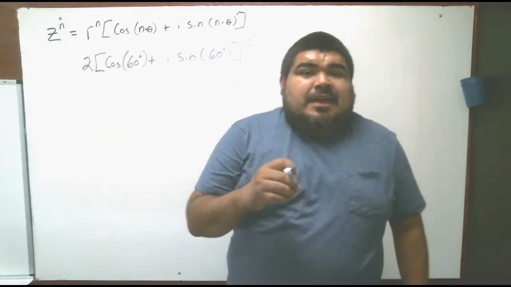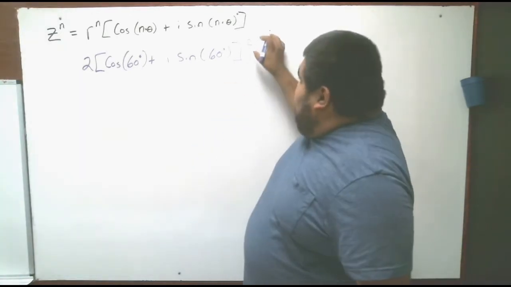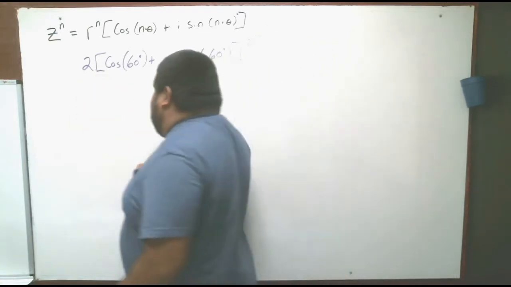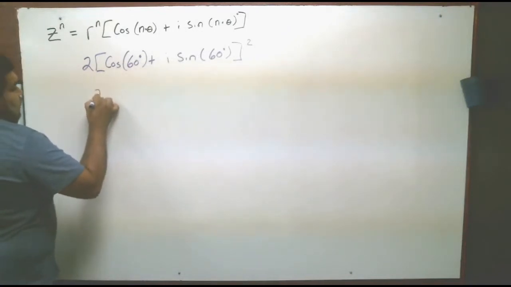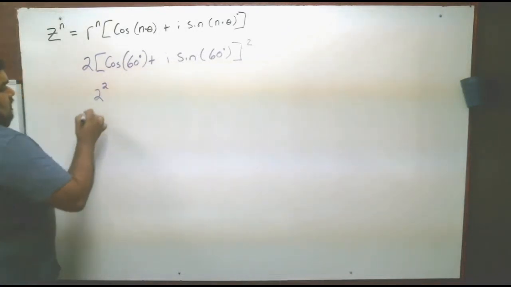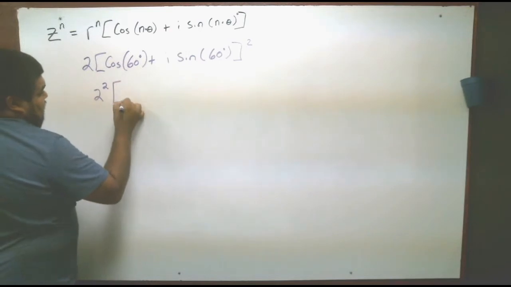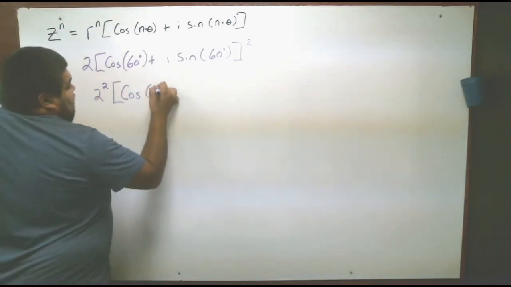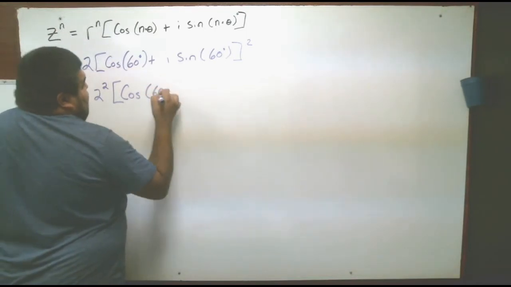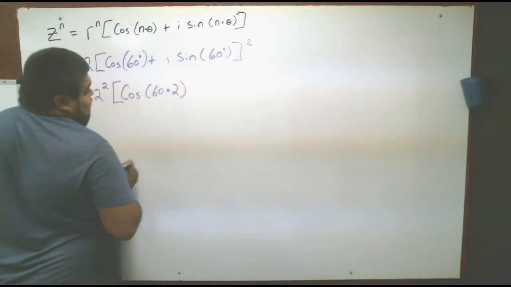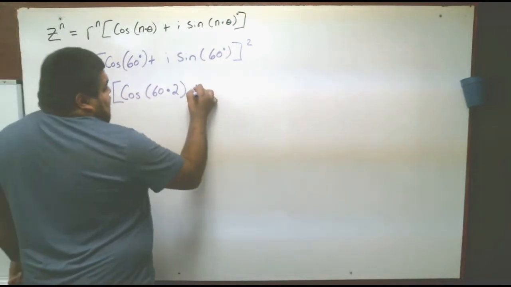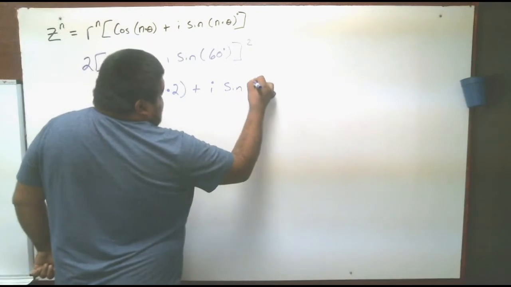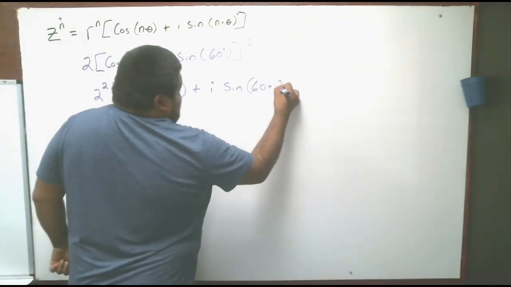That means that we're going to use that second power and put it next to the r as an exponent. So we have 2 to the power of 2, cosine of 60 degrees times 2, plus i sine of 60 degrees times 2.